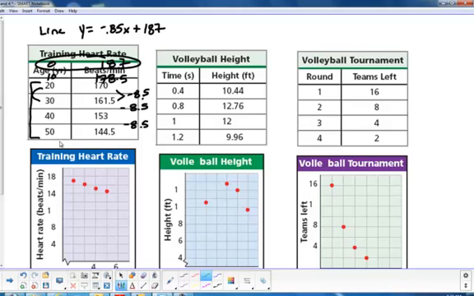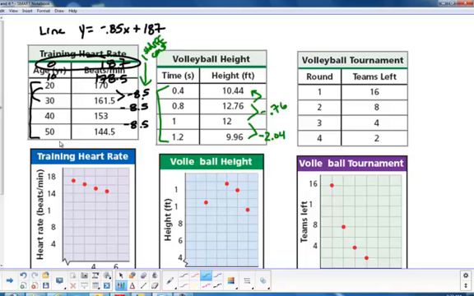Our next one looks like it goes up and then back down, so this is probably quadratic. In quadratics, the second difference is constant. In lines, the first difference is constant. So are we going up by even increments? We are, so we can go ahead and analyze this. 9.96 minus 12 is negative 2.04. 12 minus 12.76 is negative 0.76.